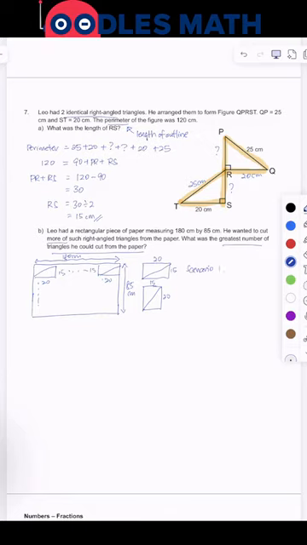And scenario 2 is when I put the rectangle in a different orientation, in this way. So it says 15 and 20 here. So in these two scenarios that we see here, let's find out how many of each rectangle can be cut out.